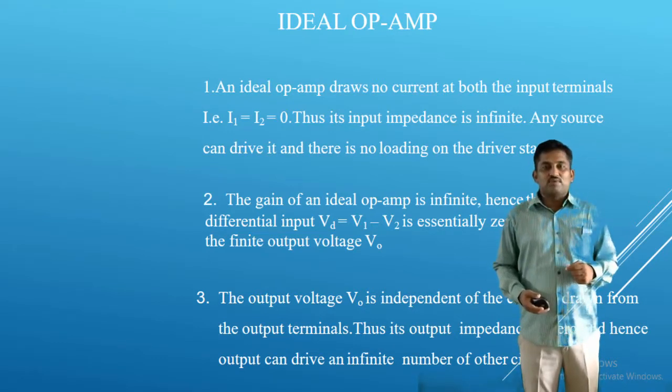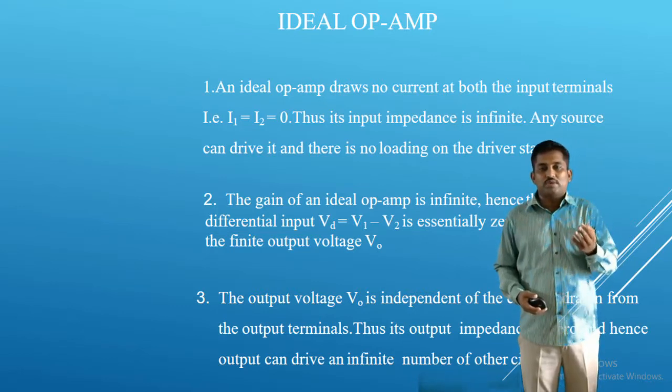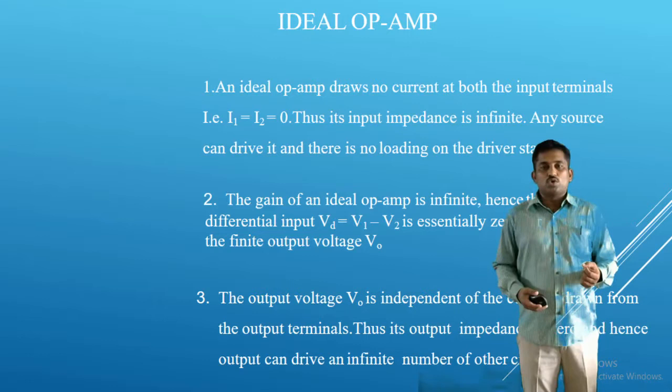The first characteristic of an ideal op-amp is that an ideal op-amp draws no current at the input terminals. An op-amp consists of two input terminals, one is the inverting input terminal and the other is the non-inverting input terminal.